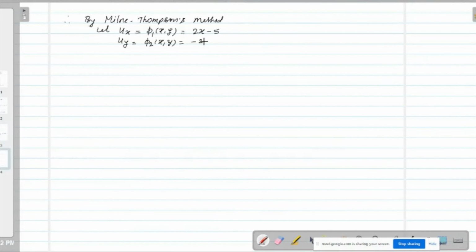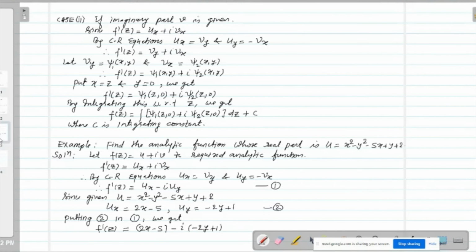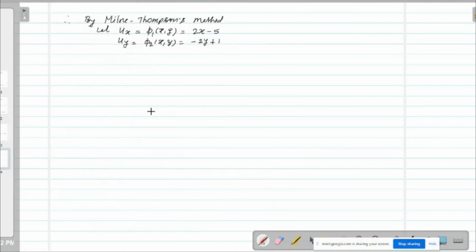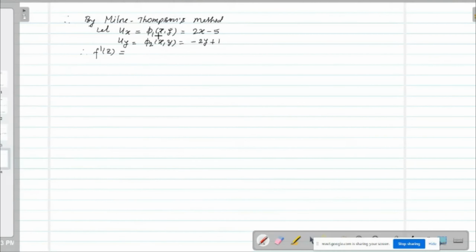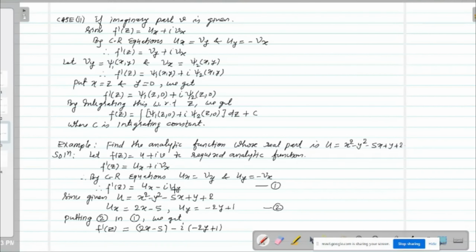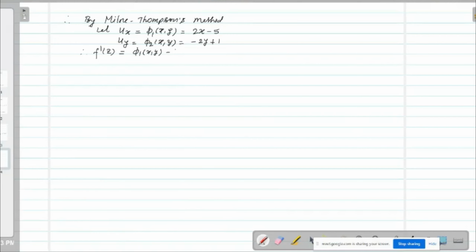So we will have f dash of z equal to phi 1 of x comma y minus i times phi 2 of x comma y.